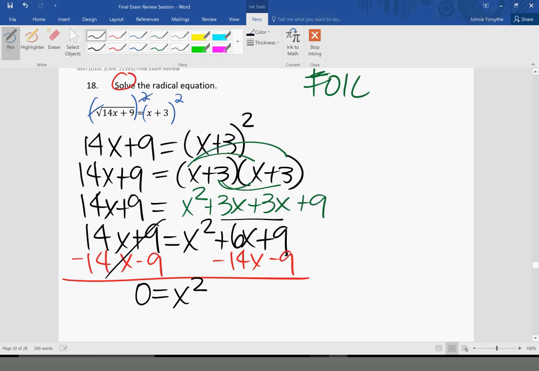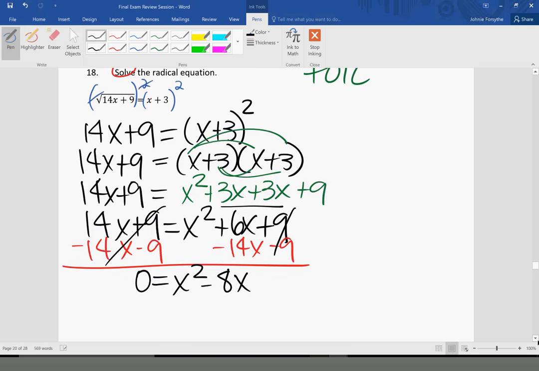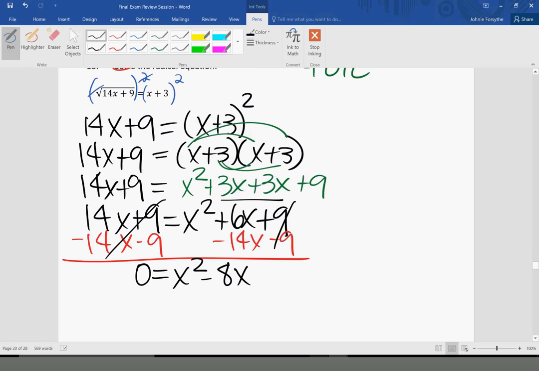Equals x squared. 6 minus 14 is negative 8, so we have negative 8x. And 9 minus 9 is 0, so that cancels out. Now I'm going to factor x squared minus 8x. It has a GCF of x. When I factor that out, I have x minus 8 in parentheses.